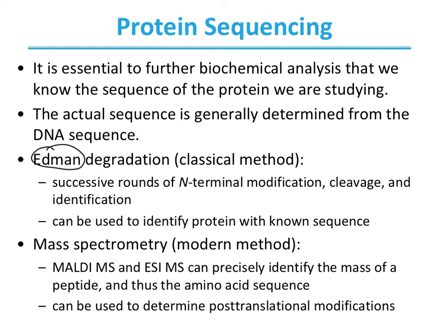And it can be used to identify a protein with a known sequence. The other method is mass spectrometry, which is a modern method that is commonly used. And this can precisely identify the mass of a peptide and thus the amino acid sequence. It can also be used to determine post-translational modifications.